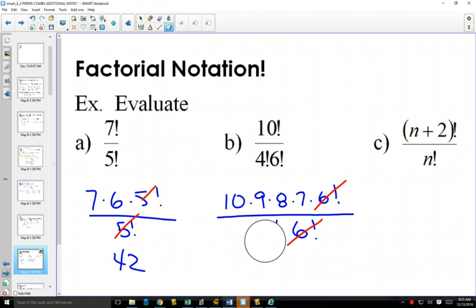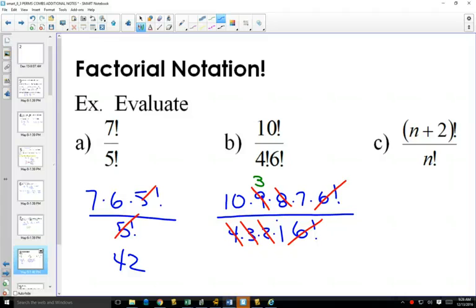I'm going to write the 4 factorial as 4 times 3 times 2 times 1. Are you okay if I cancel out this 8 with the 4 and the 2? Are you okay if I cancel out the 3 and the 9 and leave a 3 on top? Because 9 divided by 3 is 3.